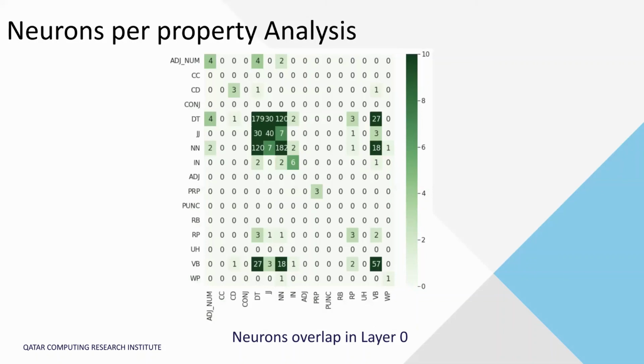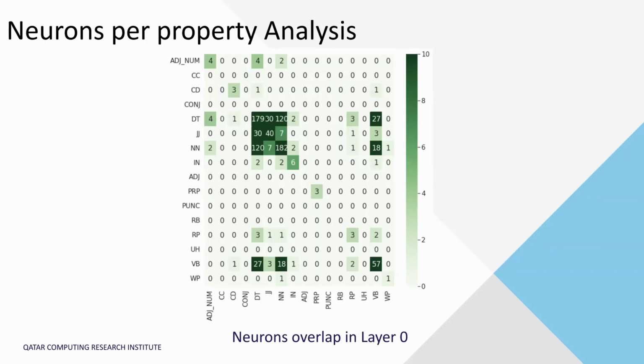So when we look layer by layer, this is layer 0, the embedding layer. As we see, there are maybe fewer common neurons outside the diagonal, and the contribution of this embedding layer is very small compared to the others.